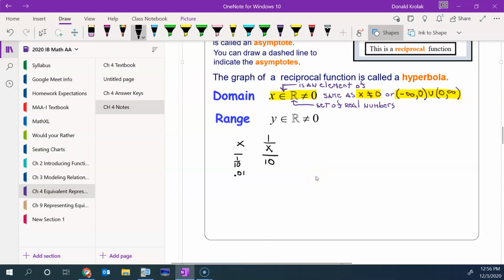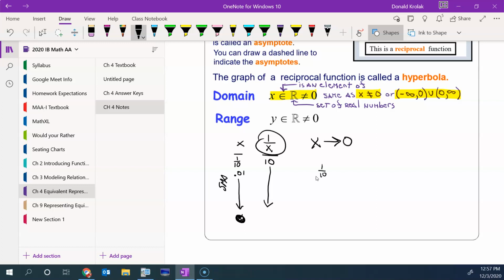So as this number gets really, really close to 0, what does this number start to get close to? When I put smaller numbers in, as this side gets smaller, this value gets bigger.